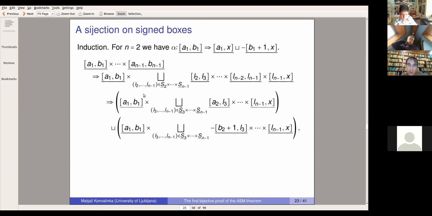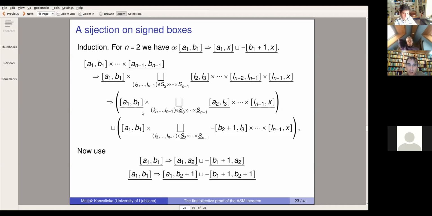So you split this into 2 products. And then for each of those products, you use alpha on this first interval, but a different alpha, right? Your goal is for this second one to be equal to the first one in the next product, right? That's what the right-hand side is like. Okay, so here in the first one, the last one should be A2, and in the second one, the last one should be B2 plus 1. Okay, and then you just put this all together and you get a sijection.